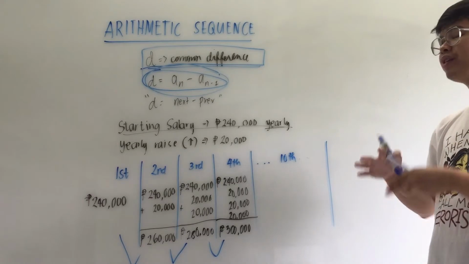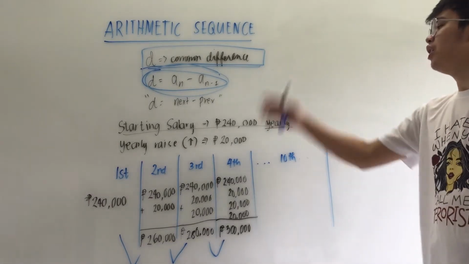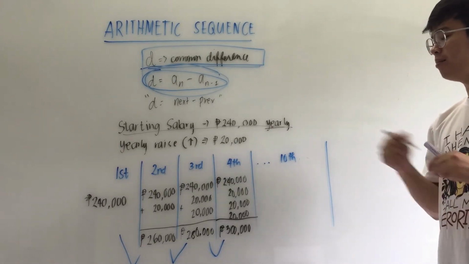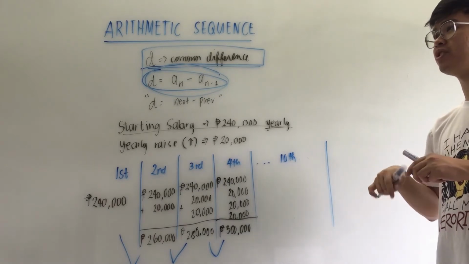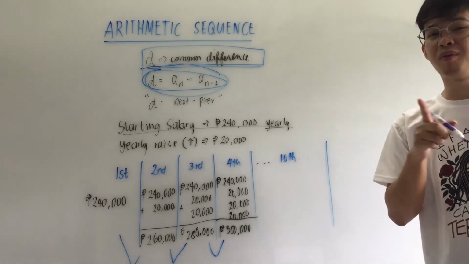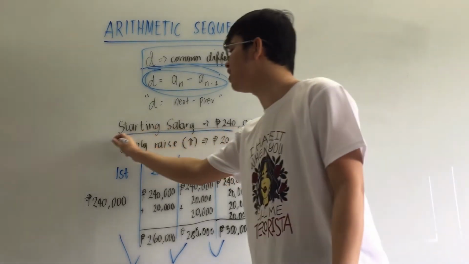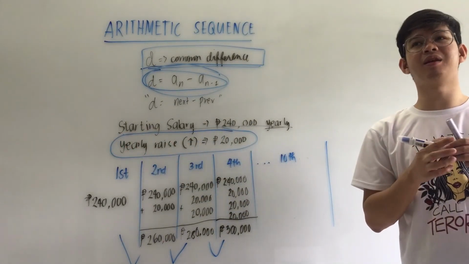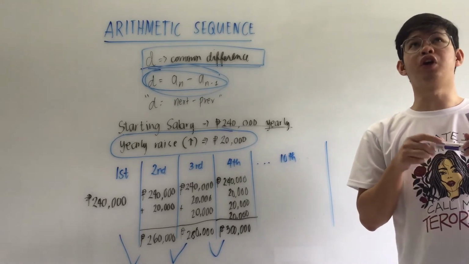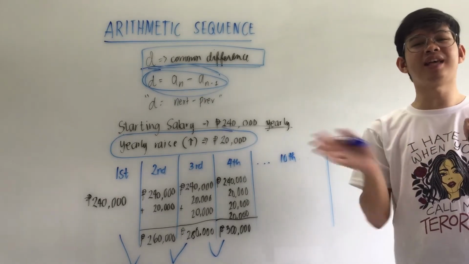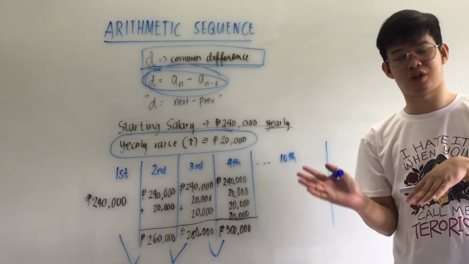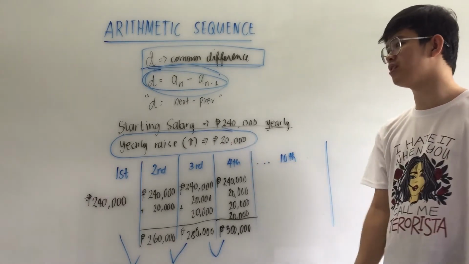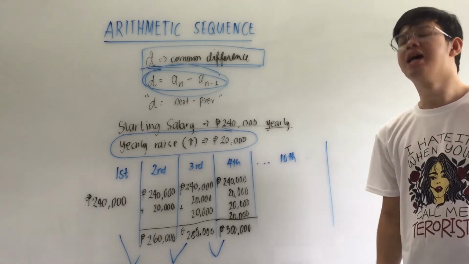And without actually solving it, you may deduce that 20,000 is the common difference, because in the problem it is stated that it is the yearly increase. Therefore, the previous term will be added 20,000 pesos to get the next term. So the common difference will be just 20,000 pesos.